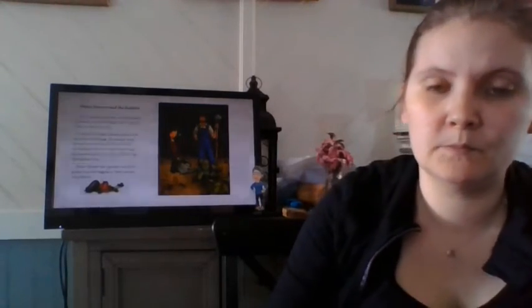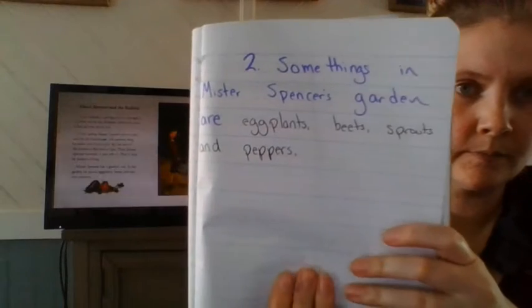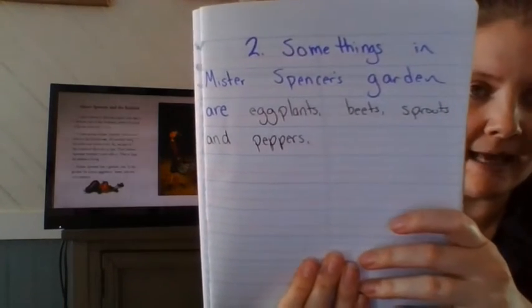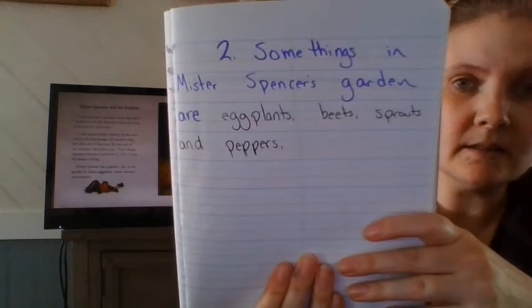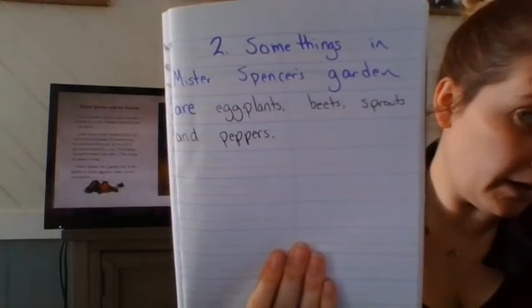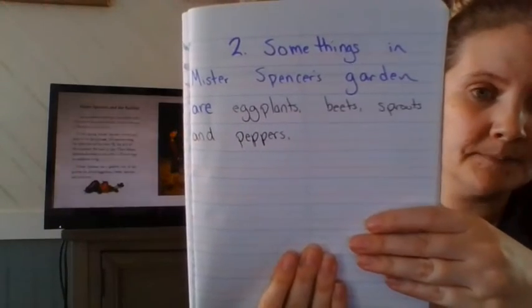Period. Okay, so some things in Mr. Spencer's garden are eggplants, beets, sprouts, and peppers. All right, go ahead and pause my video so you can fill that in.